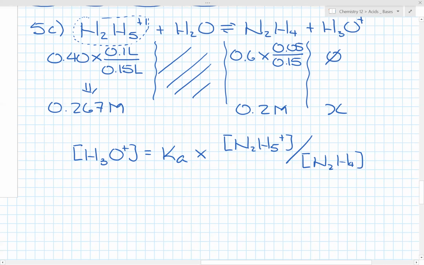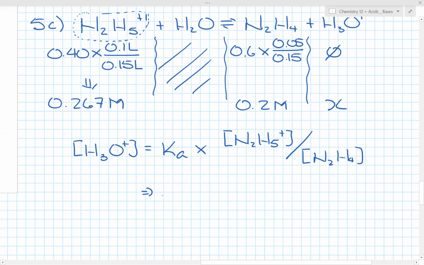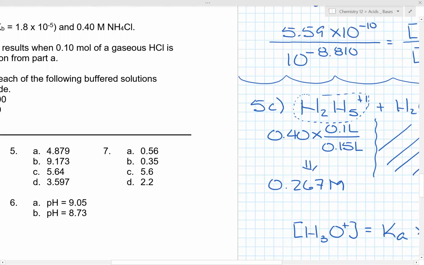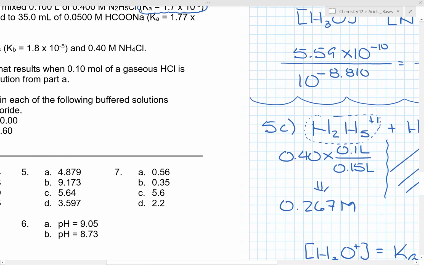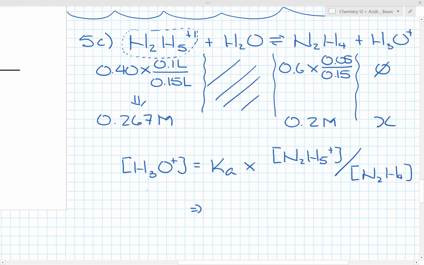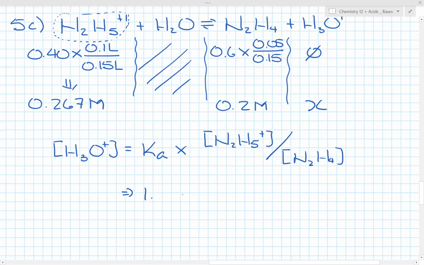Okay, so what you have here is your Ka value would be 1.7 times 10 to the negative 8 times, in this case, 0.267 divided by 0.20.